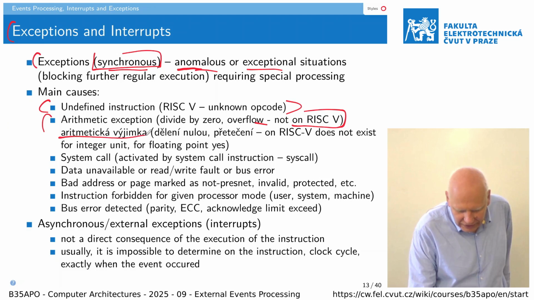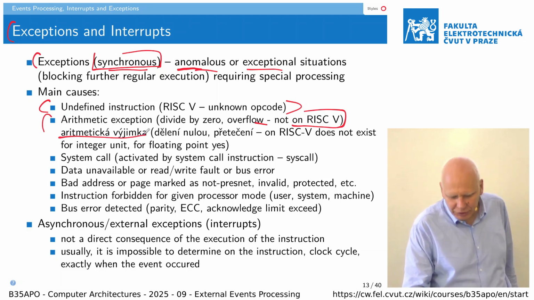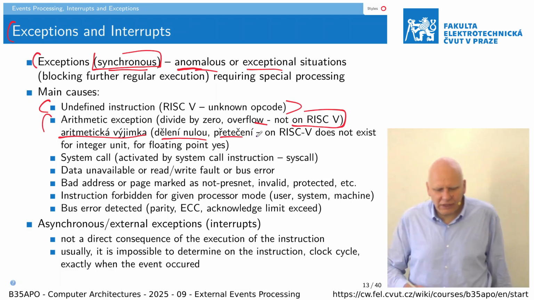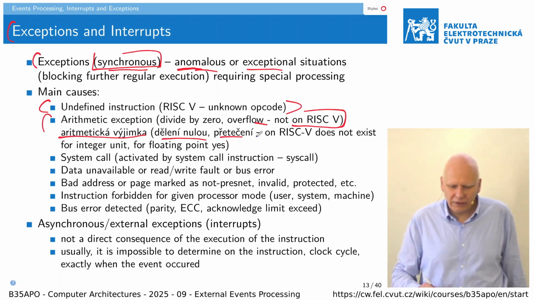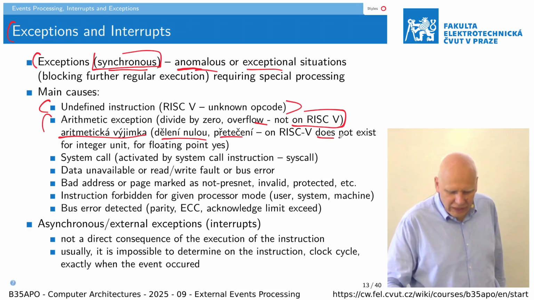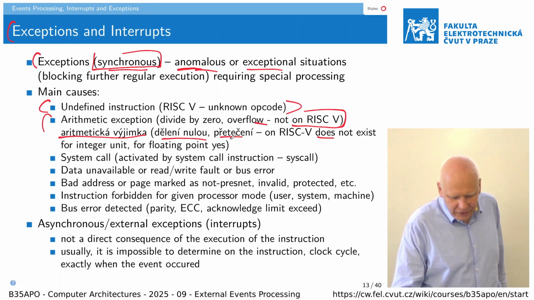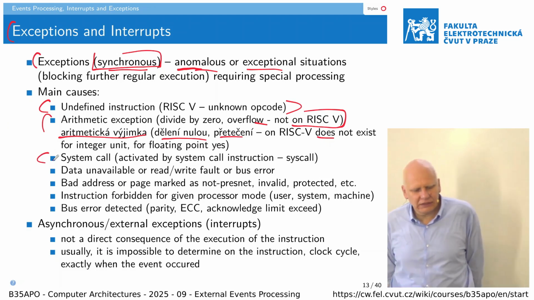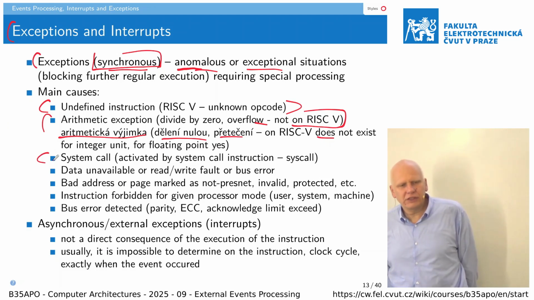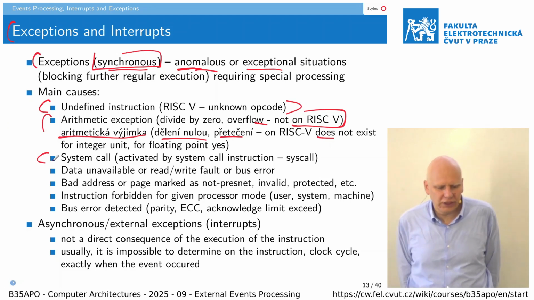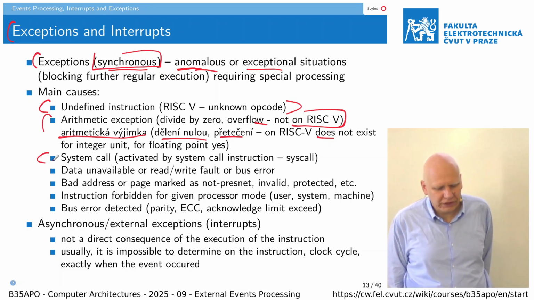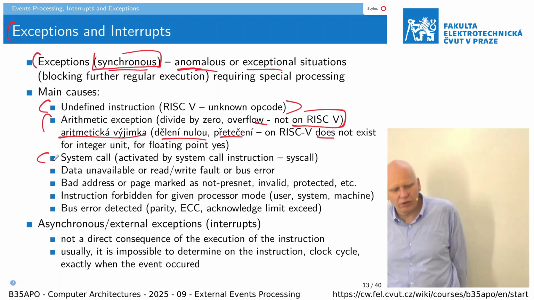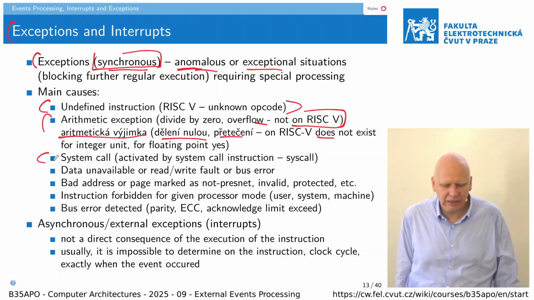So there can be an arithmetic exception, zero division, overflow, even in floating point numbers, and so on. Another possibility is a system call, which is a special instruction which directs the processor to switch to some system mode and call some routine there, some handler there.